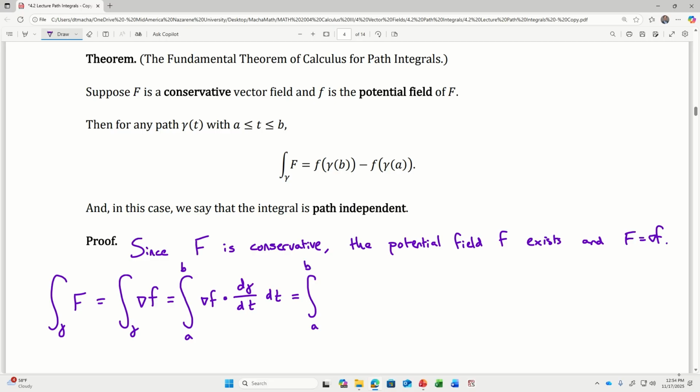And so the derivative of the path is going to be expressed like this: dx/dt, dy/dt, dz/dt.